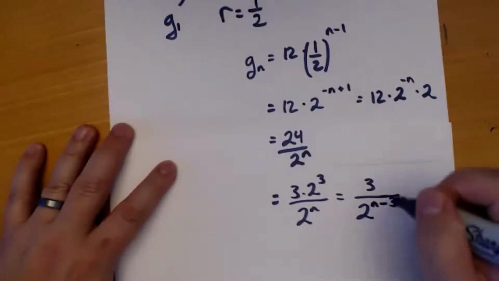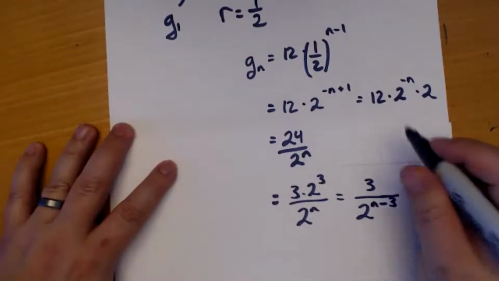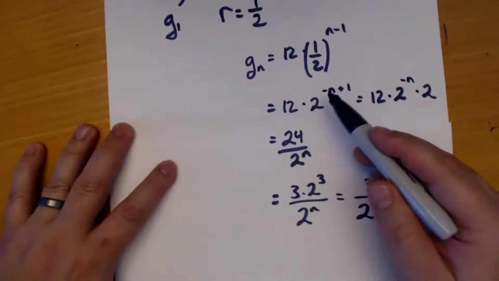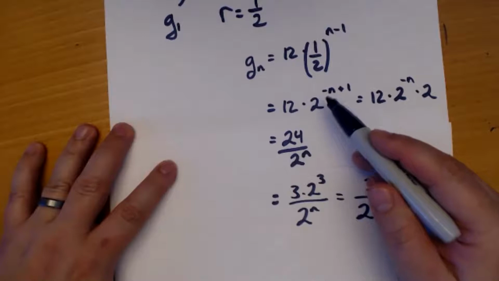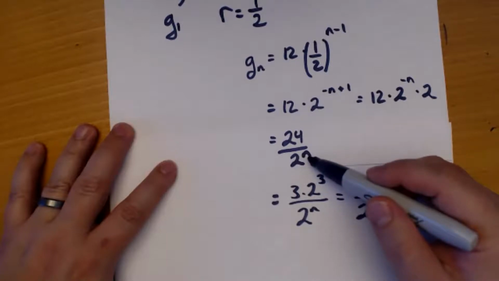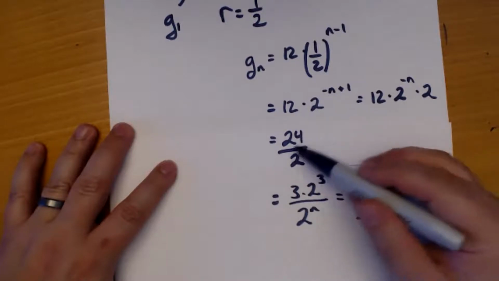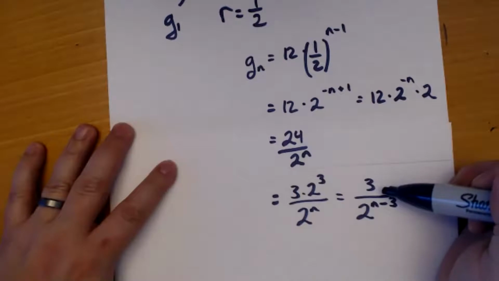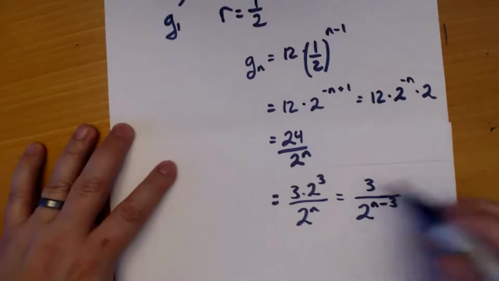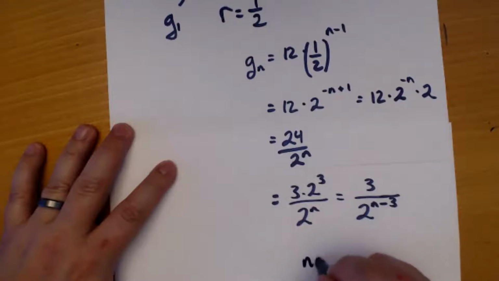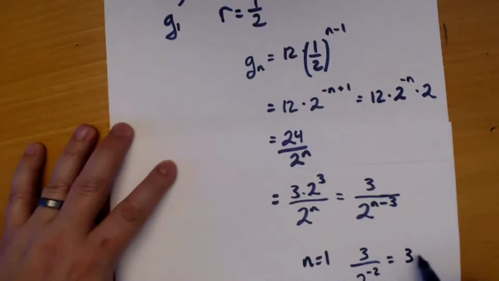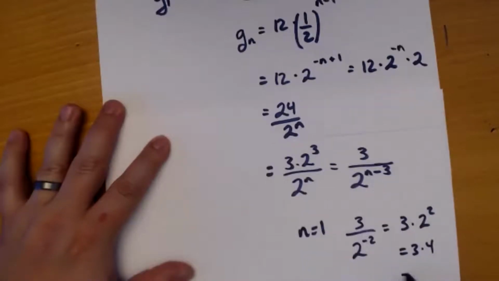Wait, that's a negative n. Wait. When n is 1, it's 12. So this formula works. Yeah, this works. Because when n is 1, then I have 3 all over 2 to the negative 2, which is 3 times 2 squared, which is 3 times 4, which is 12.